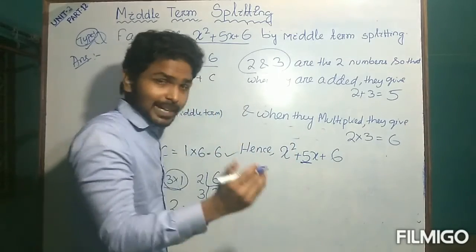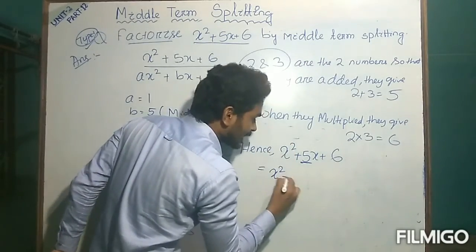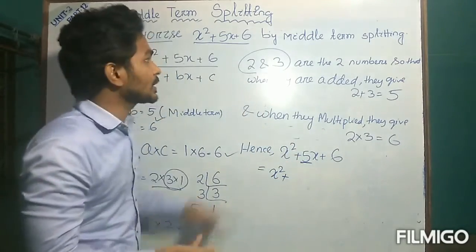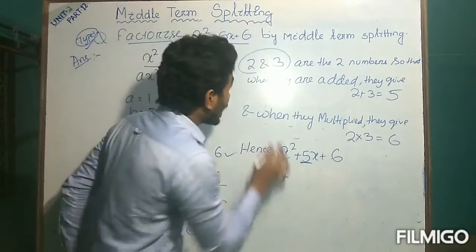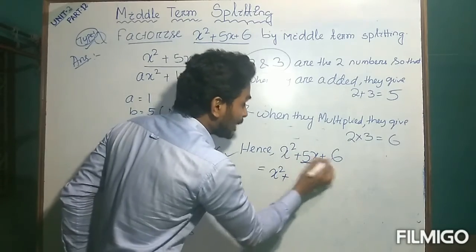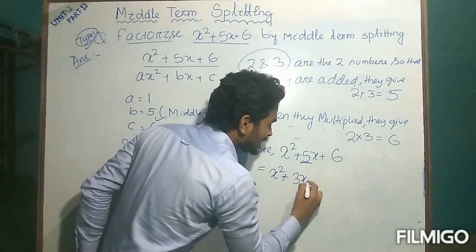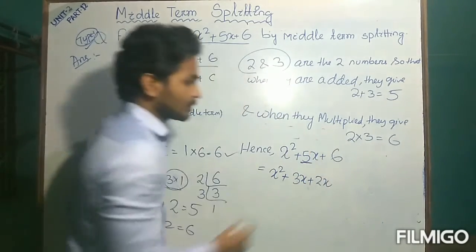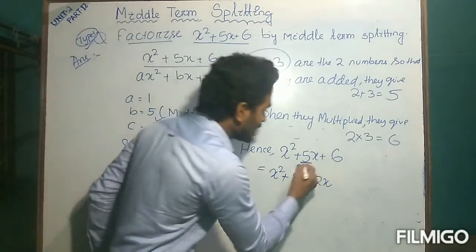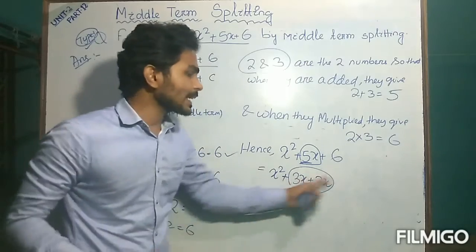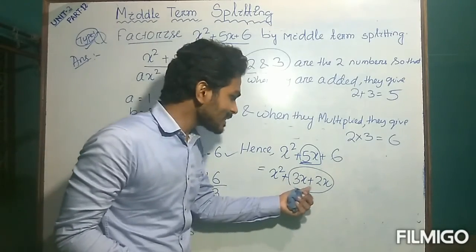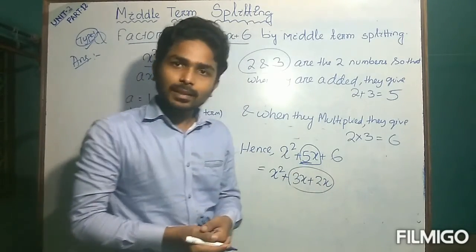This 5 is being split. So I am writing 5x as 3x plus 2x, because 3x plus 2x is equal to 5x.